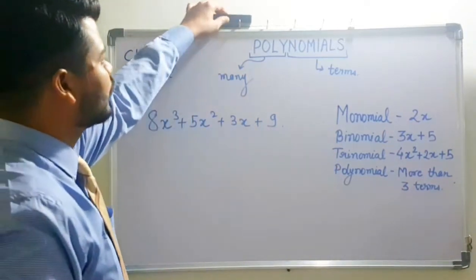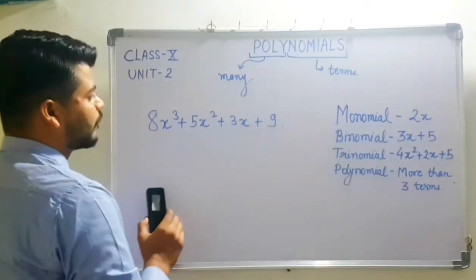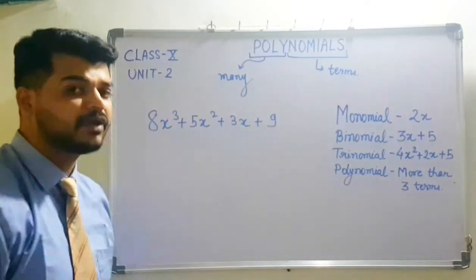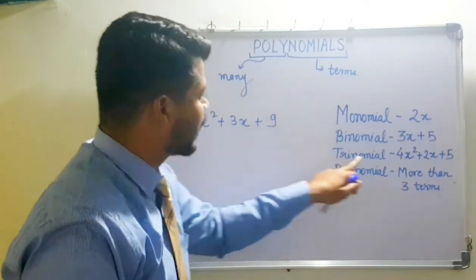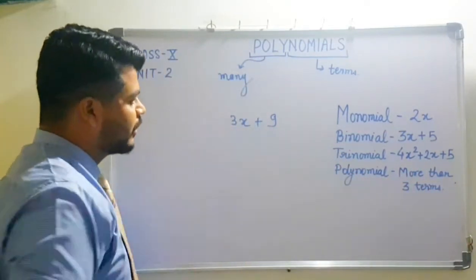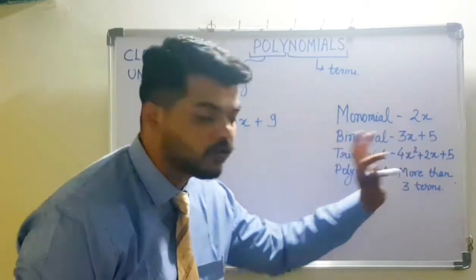Now, let us move to the portion that we will describe from here. This polynomial has four terms. If I rub this, it becomes a trinomial, having three terms. If I rub this 5x square, it becomes 3x plus 9, so it is a binomial.